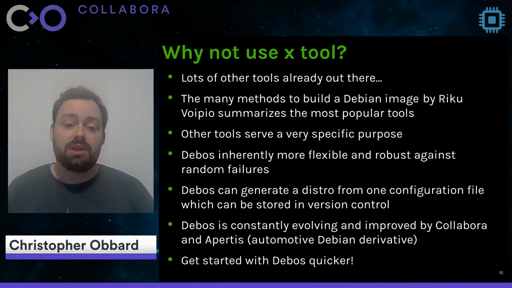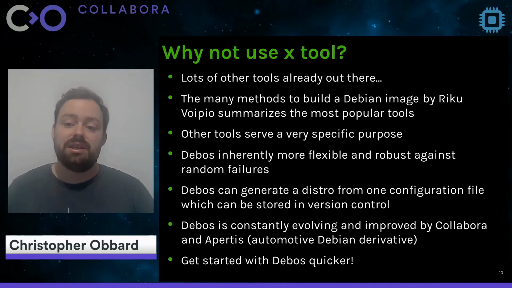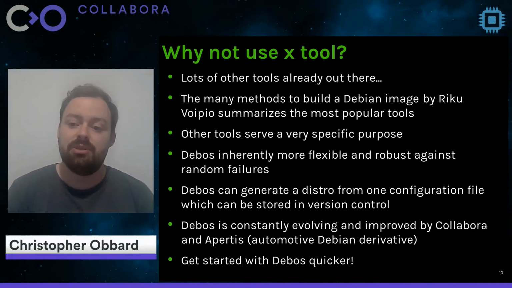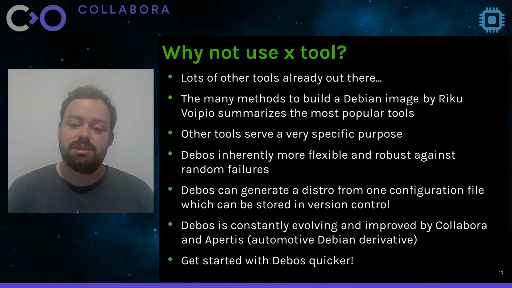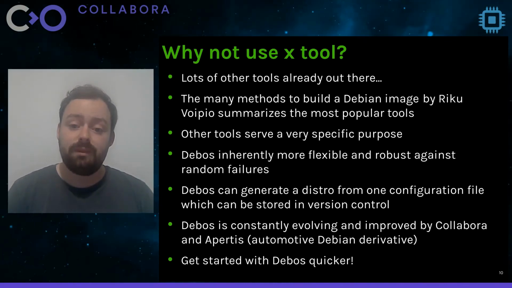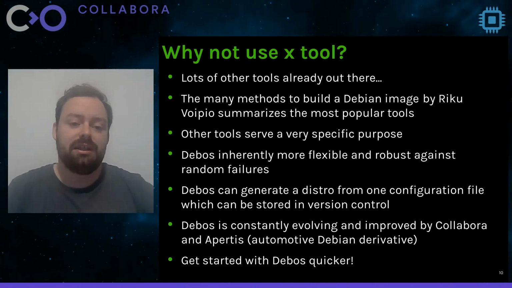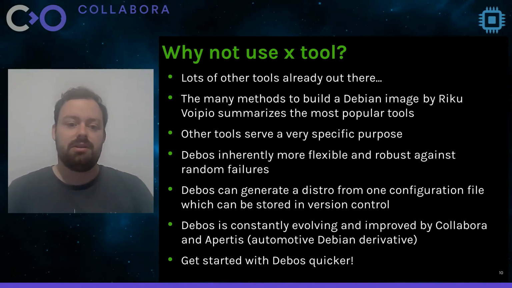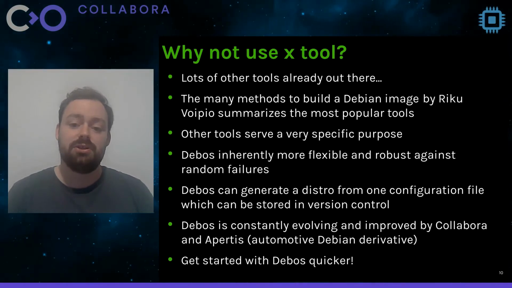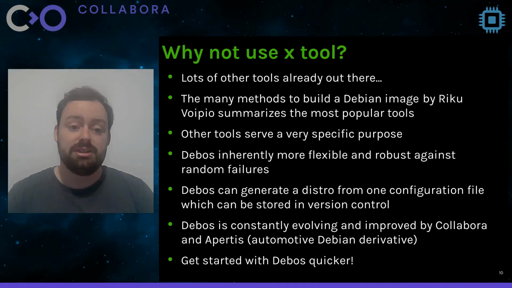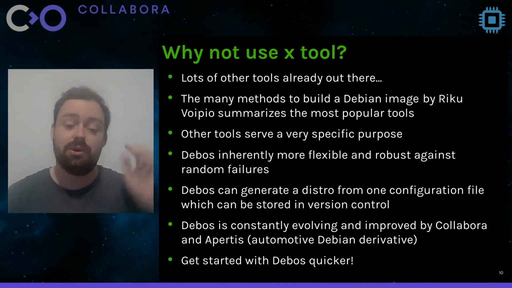There are lots of tools out there already that follow this kind of routine. There's a presentation called The Many Methods to Build a Debian Image by Riku, which summarizes the most popular tools. Usually these other tools serve a very specific purpose. So originally, when I first started looking at Debian systems, I was looking at a tool called Spindle, which basically created Raspberry Pi images, but the images were very specific just for Raspberry Pi.